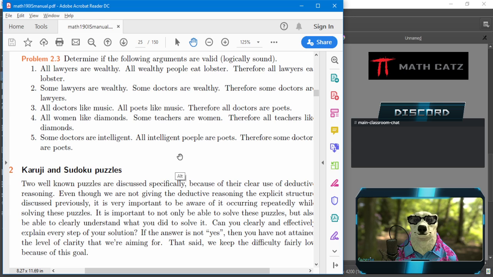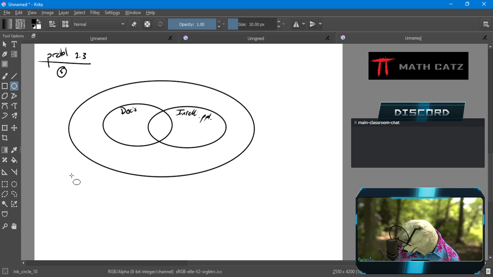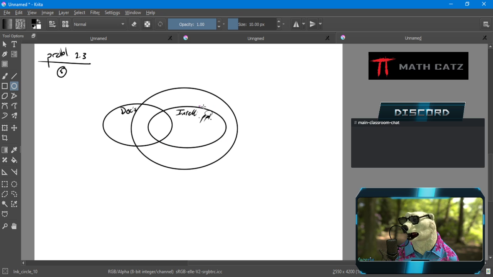Now, I do have some choice here because I can make the poet circle like this, or I can make the poet circle like this. I don't really know. So I do have some flexibility while still making the first 2 statements true.